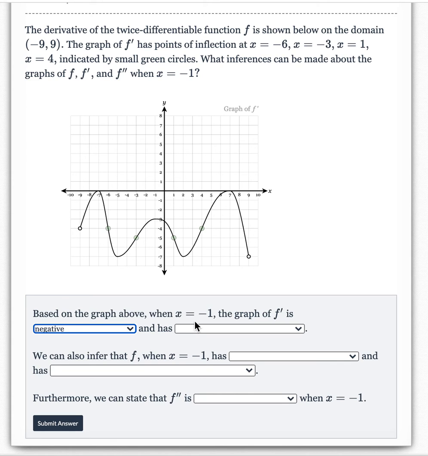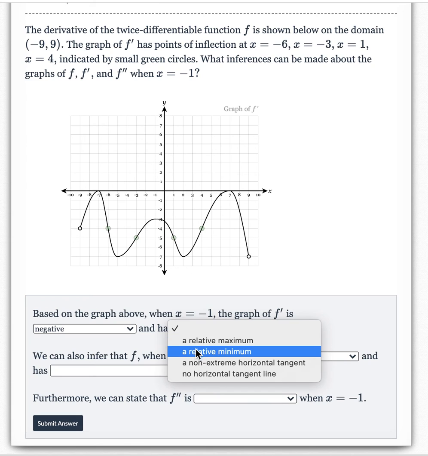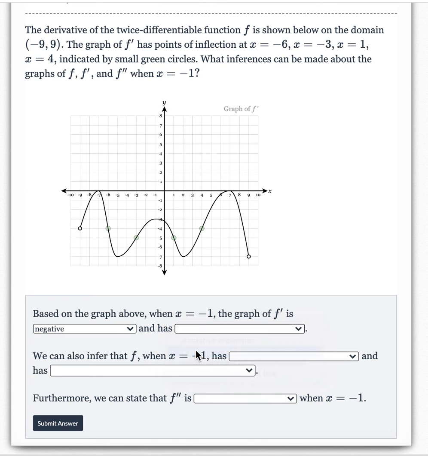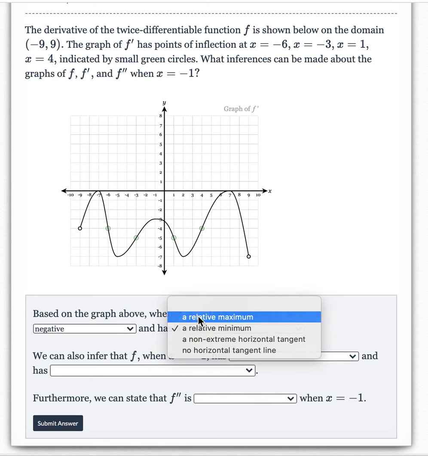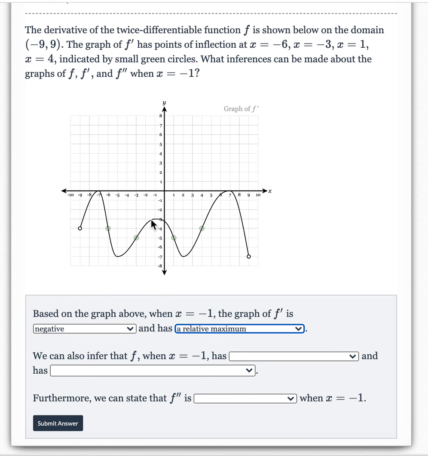And also, there is a relative maximum that exists. Because it's a high point on the graph of f prime. Okay, so we can use words like relative min and relative max when analyzing the graph of f prime. That doesn't mean that they're relative min or max on the graph of f, but they are for f prime.